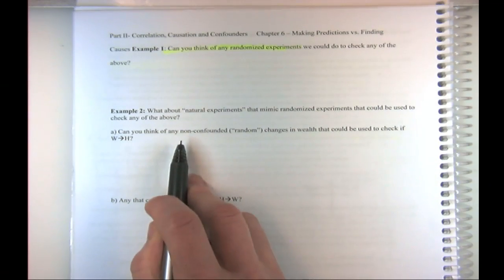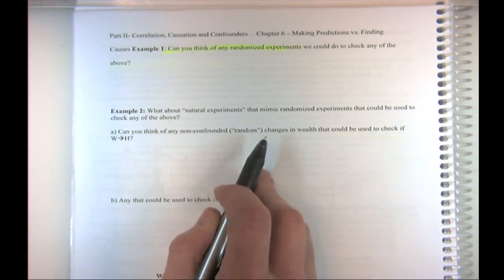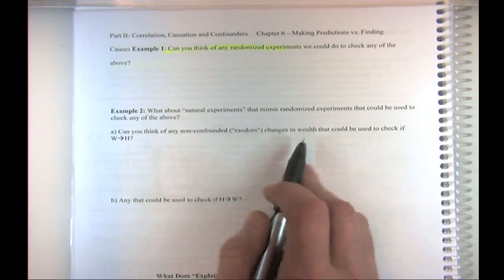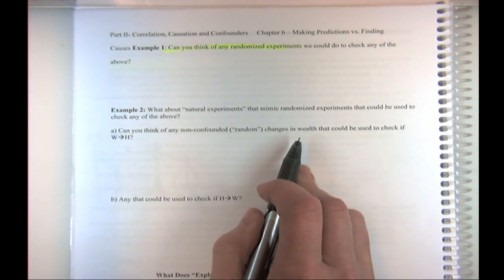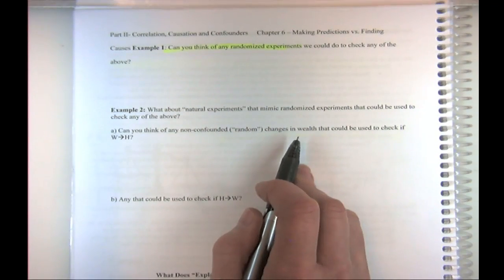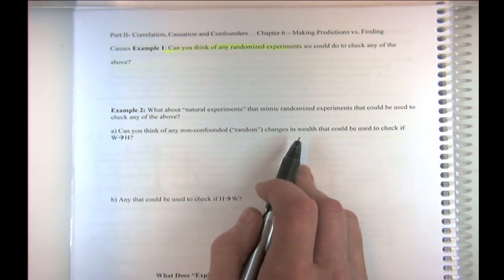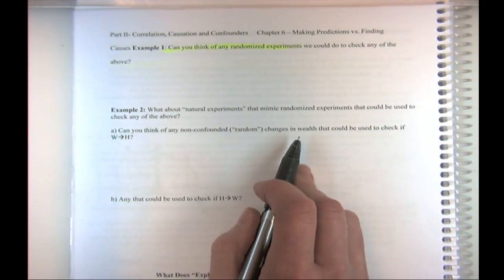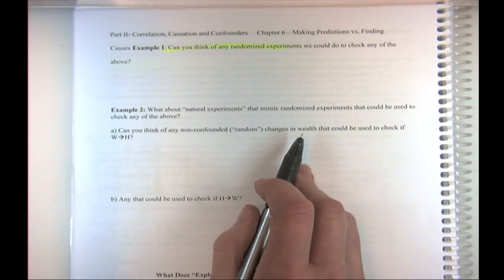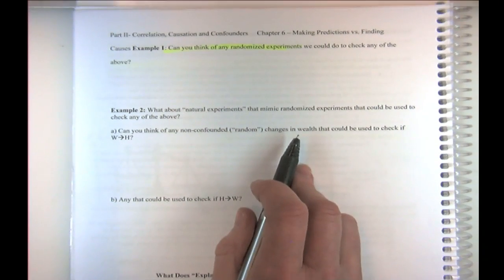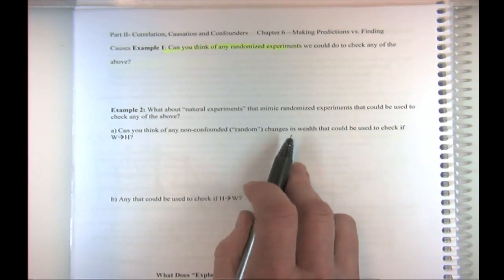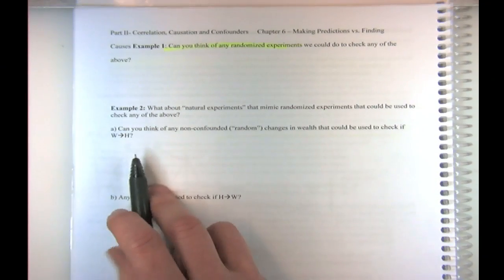Can you think of any non-confounded random change in wealth? What I mean by non-confounded, just somebody randomly getting assigned wealth, and there's no differences between that group that randomly gets assigned it and the other group at the start of the experiment that could be used to check if wealth causes health.